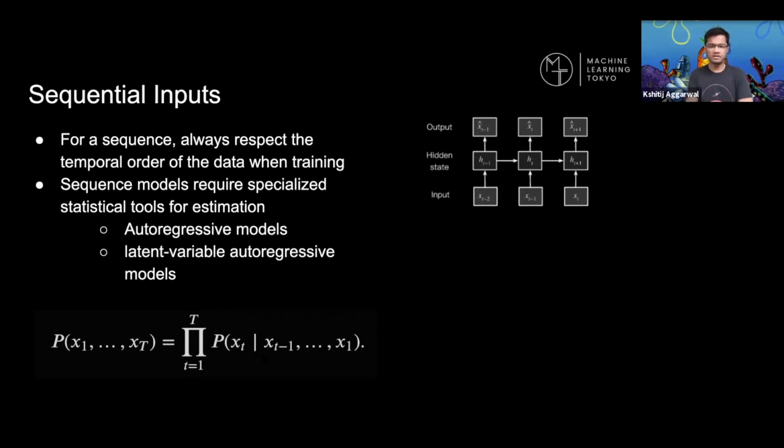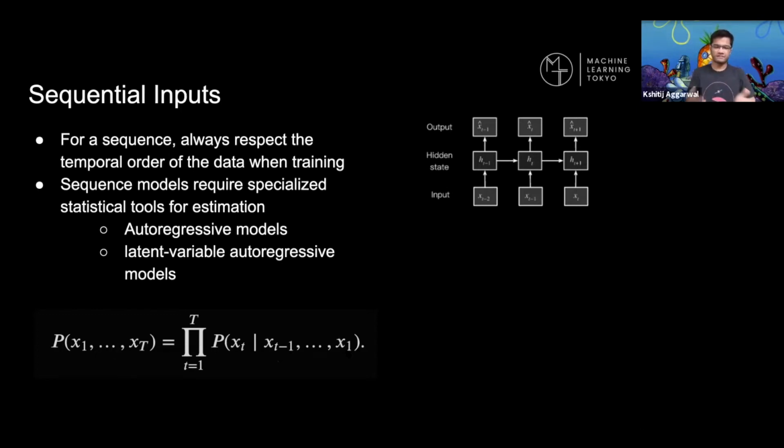For example, here X are inputs. I use the values of inputs from the first input to the t-1 input to predict the probability of the next word or the next character. Then I can do it for the whole sequence and combine those to generate a combined probability.